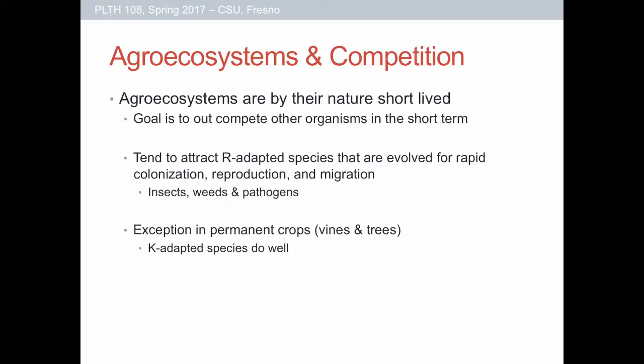And then finally, as I mentioned before, because agroecosystems are short-lived, we basically have a situation where more or less everything that lives there, including the crops, is r-adapted. They're all organisms that are highly competitive, grow quickly, fruit quickly, reproduce quickly, and there's really no room for K-adapted species, excepting the humans that are ultimately benefiting from these species.